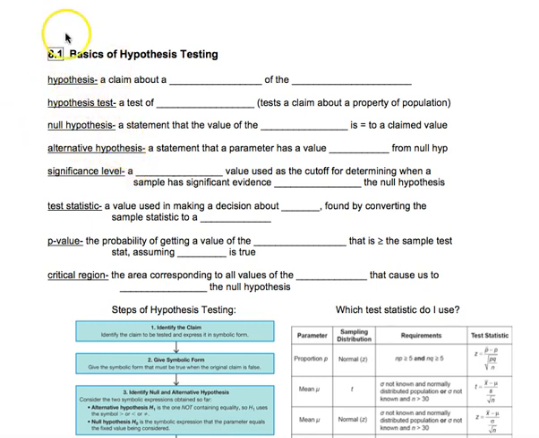So a hypothesis, when we're talking statistics-wise, I think you know what a hypothesis is like in science, but for us, a hypothesis is going to be a claim about a property of the population. So it could be a claim about the proportion.